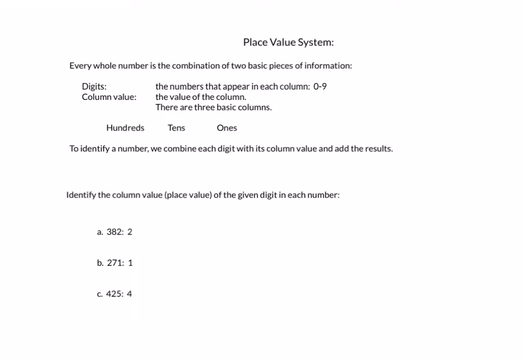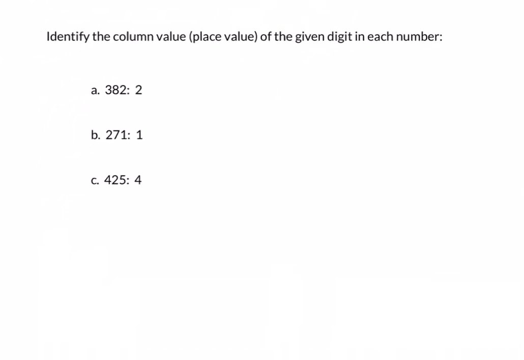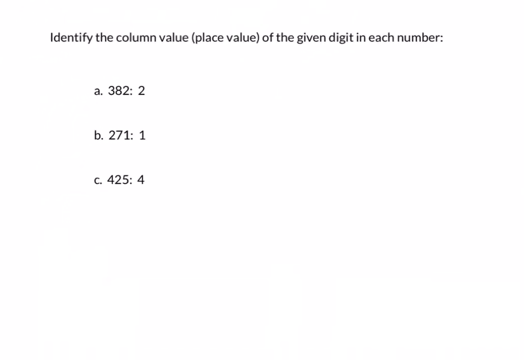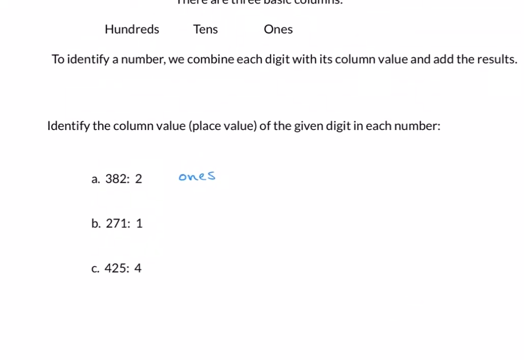So the first thing we want to do is identify the column value of a digit in a basic number. So 2, I want to know what is the column value for this. 2 is in the ones column. Since it is in the right column, it is in the ones column.